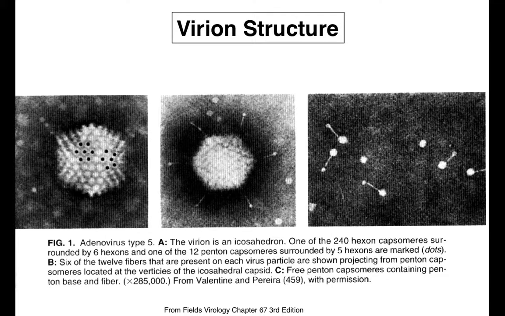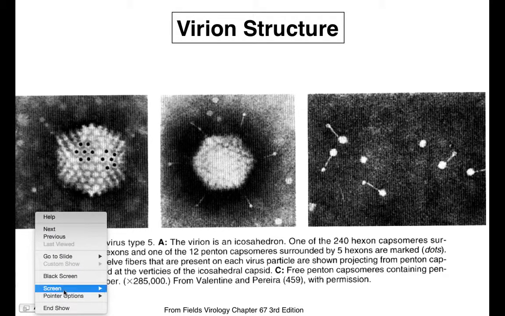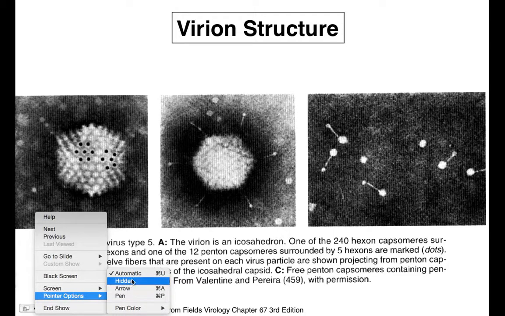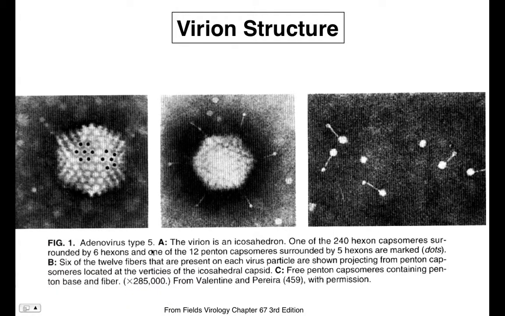This is a hexon with 6 hexons, the hexon capsomere. The free pentons are shown here, and this long strip is called a fiber.